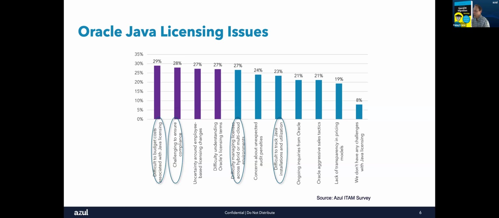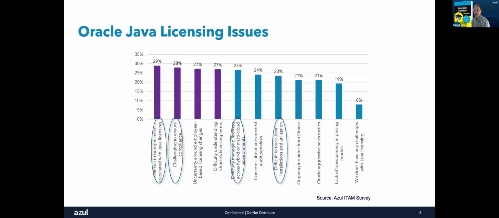And no surprise here, much of what I already talked about: trying to track all the different kinds of licenses, making sure that they're compliant, making sure that the installations they have are actually being used versus not being used, so you don't have to pay for it. Those things cause consternation amongst the IT asset managers who are basically on the hook for all of the costs associated with that licensing.